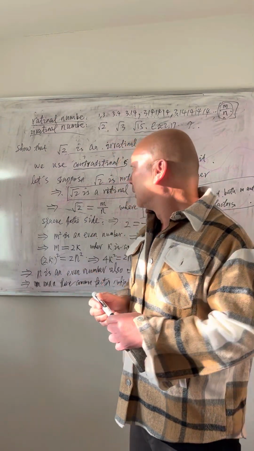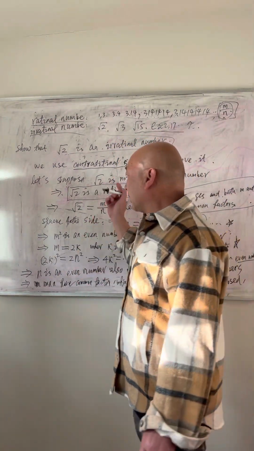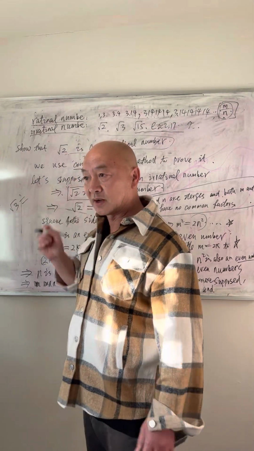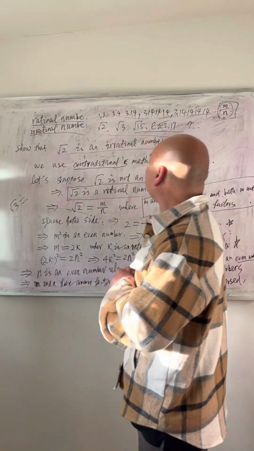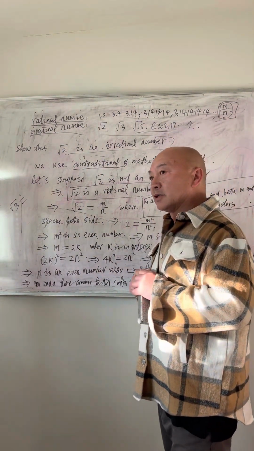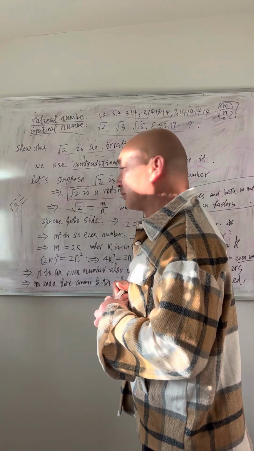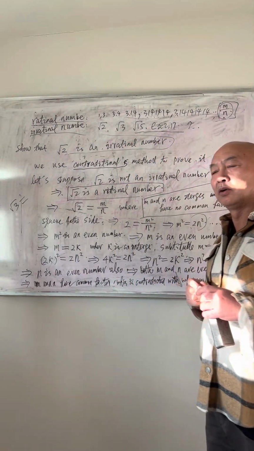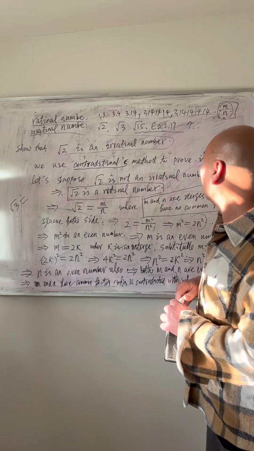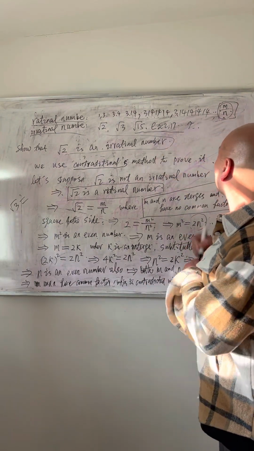You can also use this method to prove radical 3 is an irrational number. We can learn that in high school, like K11 or K12.